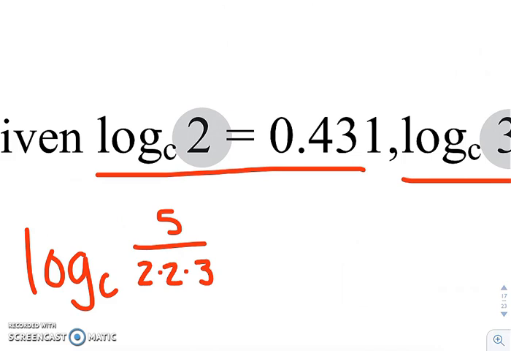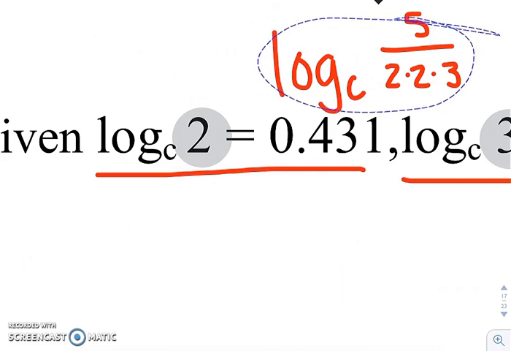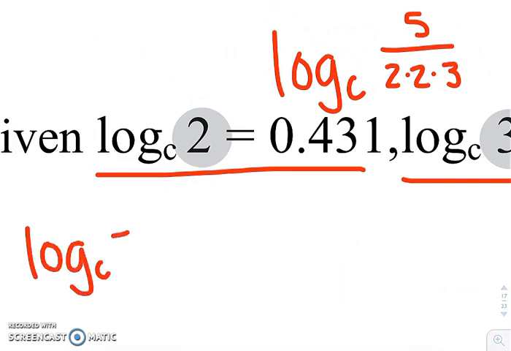So we know, and actually I'm going to put this up here, that anything on the top is positive. So we've got a positive log base c of 5. So I'm going to write it out as log base c of 5. And then everything on the bottom is negative.